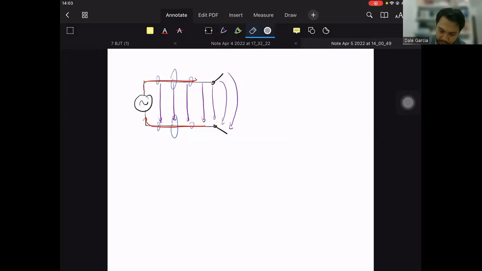Mas ma-increase na noon ang capacity na makapa-radiate siya o signal. Samot na, itinganin ko na ito.